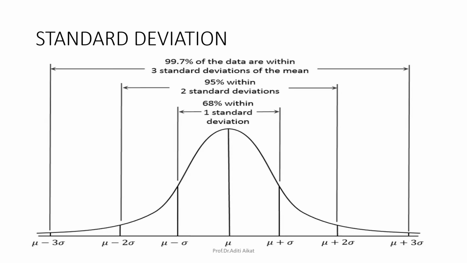Well, mu plus minus 1 standard deviation, where mu is the population mean, we have 68% of the real data falling within it. When mu plus minus 2 standard deviations, we have 95% of the data. Mu plus minus 3 standard deviations, we have 99.7% of the data falling within it.